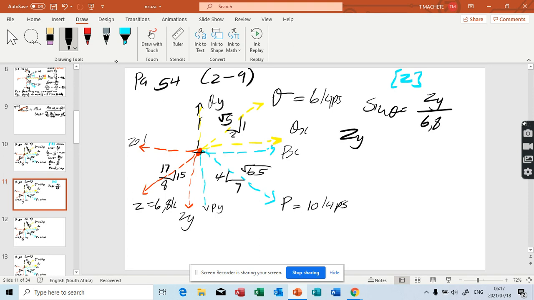And then Zy will, okay, opposite over hypotenuse. Yeah, that's correct. Yes, that's correct. It's negative because it's going down.